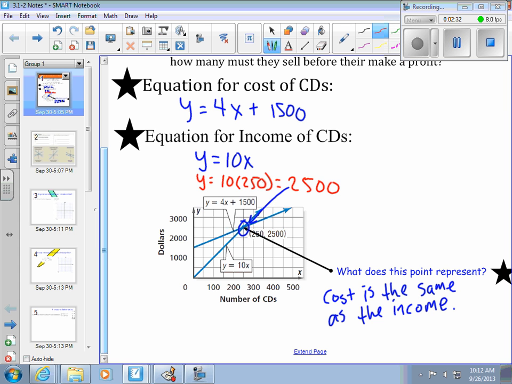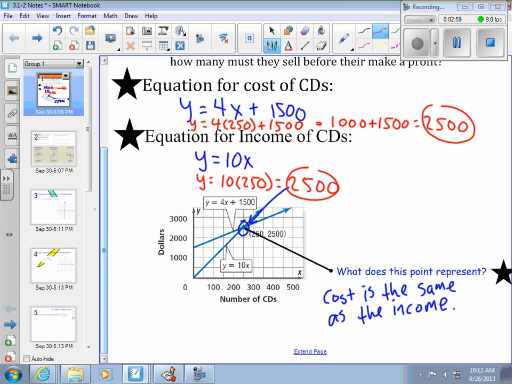If you plug in 250 on this top equation, 4 times 250 is 1,000. If you add that to 1,500, you get the same 2,500. So that's the break-even cost. After that, any CDs they sell over 250 would produce a profit.